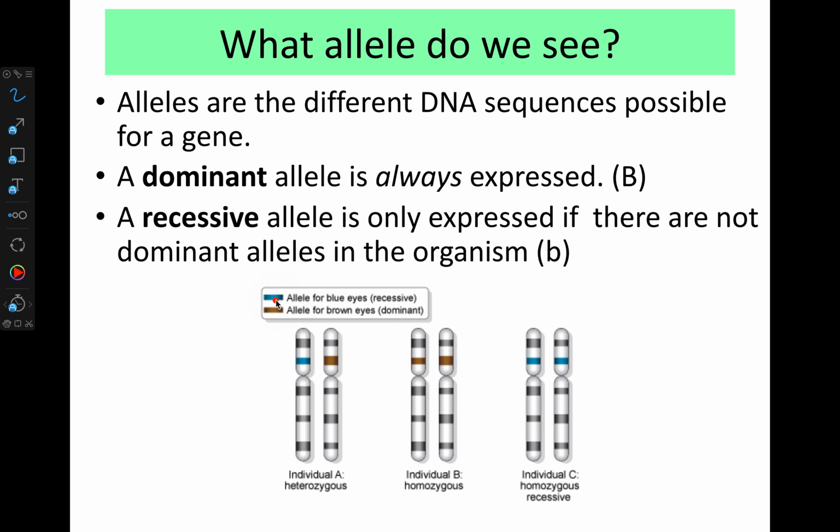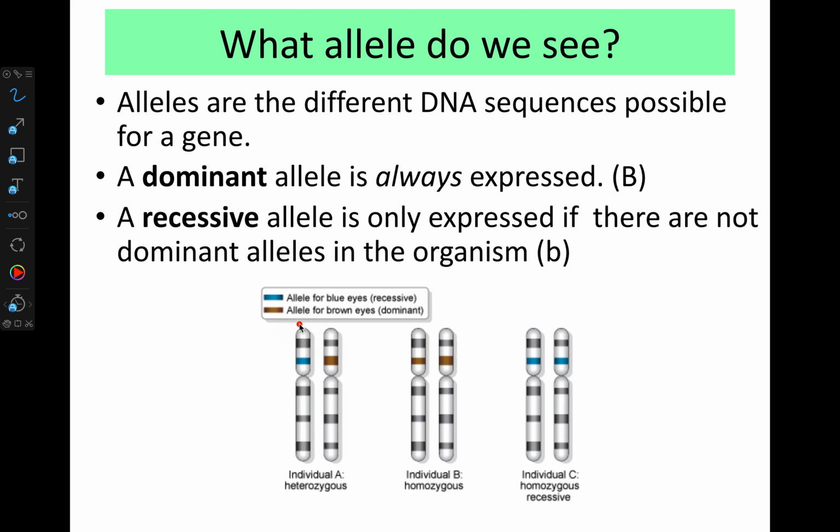and they're only expressed if there are no dominant alleles. So, for example, if we look down here at this example with blue eyes and brown eyes, right? So, brown eyes is dominant, which means if there's a brown eye allele, their eyes are going to be brown, right? So, in this example, both mom and dad have given chromosomes and they both have brown, right? So we know that this person is going to have brown eyes.